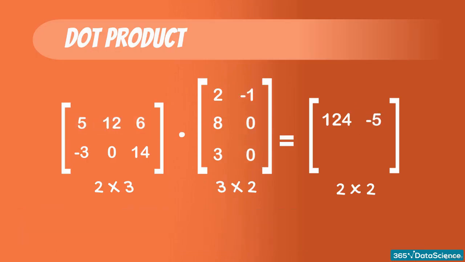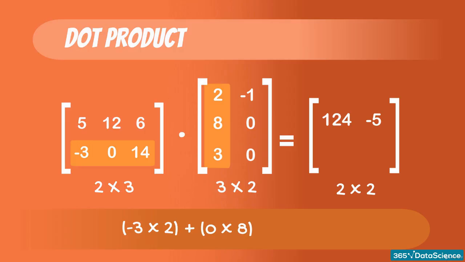Great! Let's get to the second row of the initial matrix. There we have minus 3, 0, 14. We repeat the same procedure. The dot product of the vector minus 3, 0, 14 and 2, 8, 3 equals minus 3 times 2 plus 0 times 8 plus 14 times 3. We get 36.